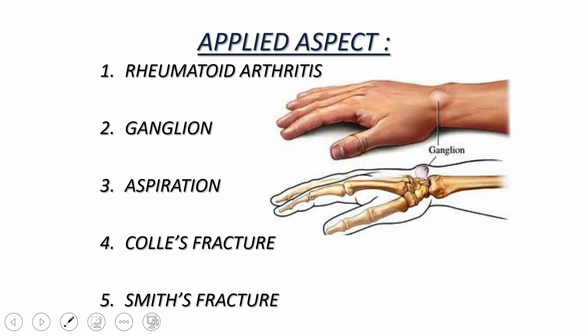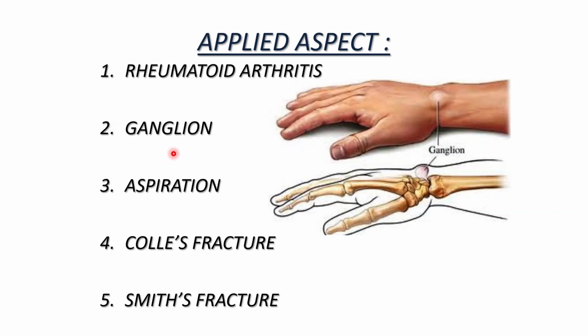Lastly, moving on to the applied aspect of the wrist joint. The wrist joint is the commonest site of rheumatoid arthritis. There is something called a ganglion which is seen at the dorsum of the wrist joint. This ganglion is inflammation and mucoid degeneration of the synovial sheath covering the extensor tendons passing through the retinaculum.